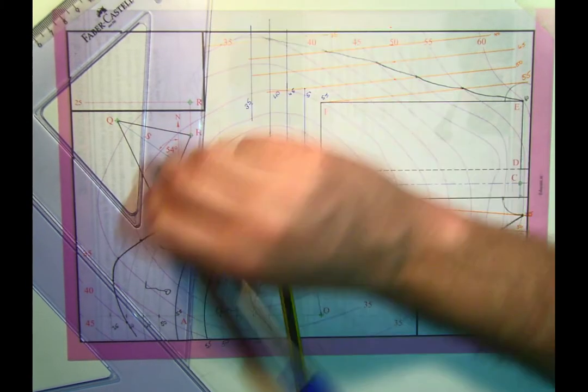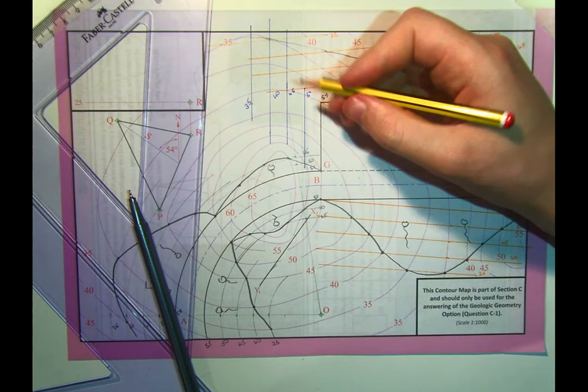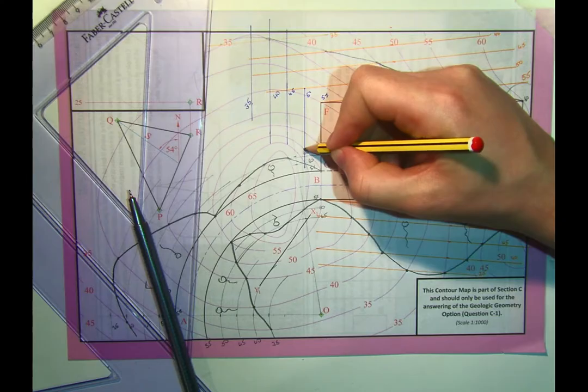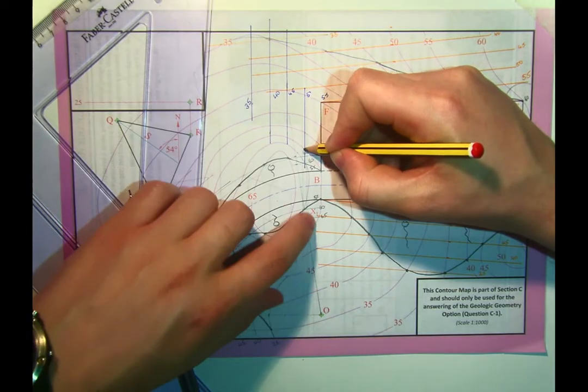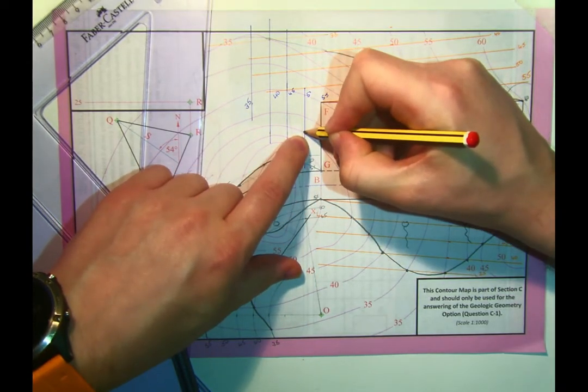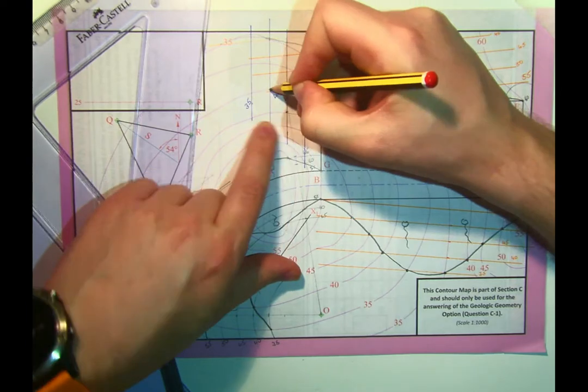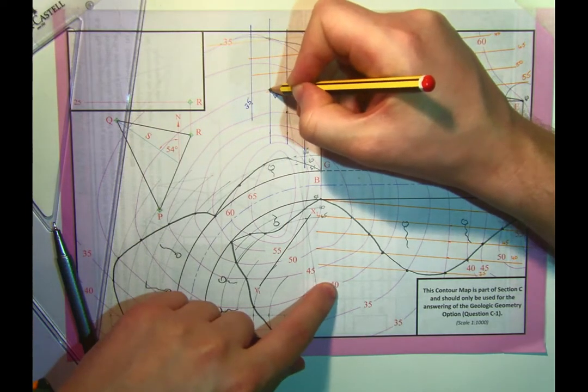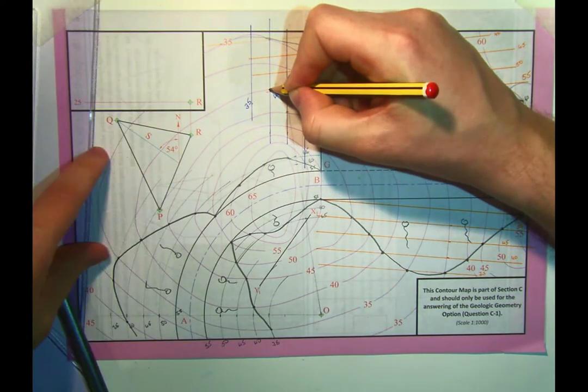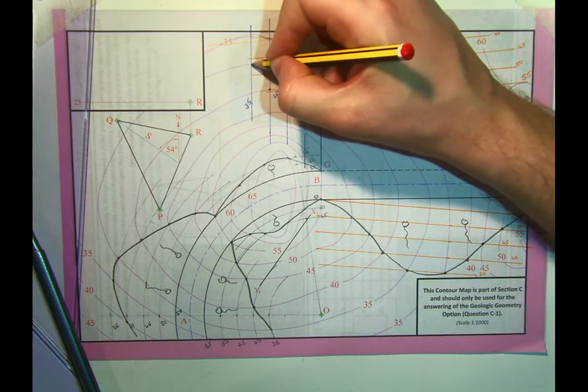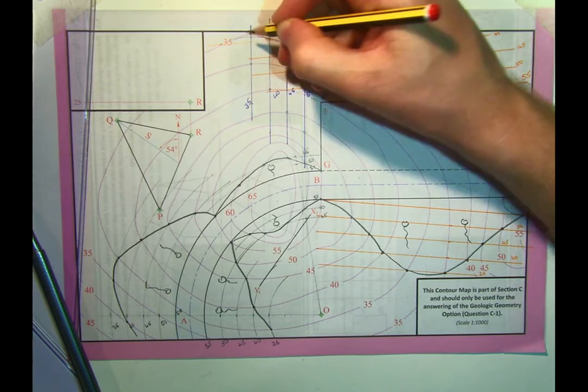And 35. So again, where the same height lines meet. So this one here is 50, 45. This one over here is 40. We've got 35 and another 35 here.